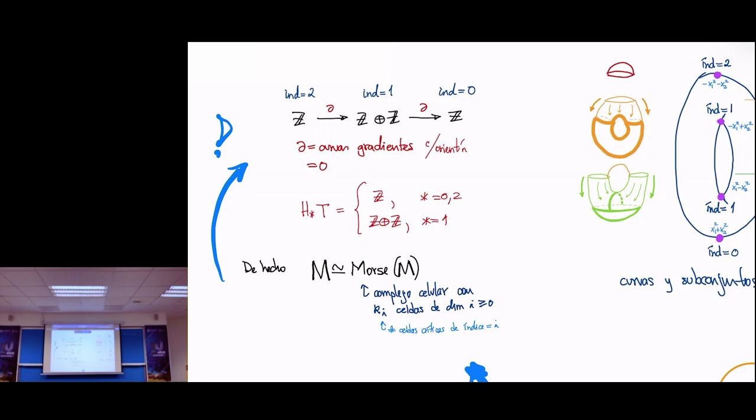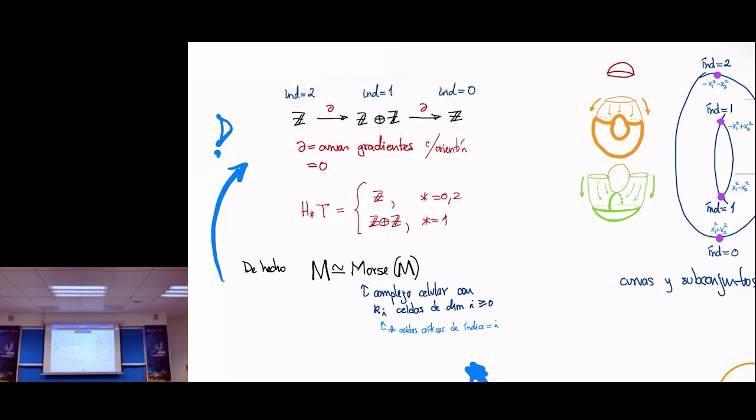So what one does is take in dimension 0 the free abelian group generated by those points of index 0. In this case, there's only one. And in index 1 and index 2, respectively, we have two points of index 1, and then the very one on the top of index 2. And then one has to define the analog of the boundary operators between the cellular chain complex, the classical cellular chain complex.